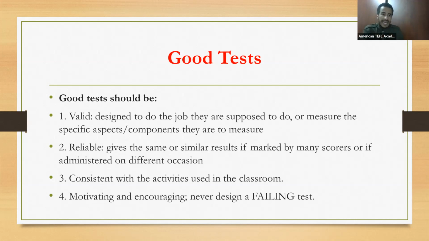Now the same test, I give it to another teacher. If the teacher corrects the same test and gives the majority below 10, then this test is not reliable, because it should give the same or similar results if it is marked by other scorers.